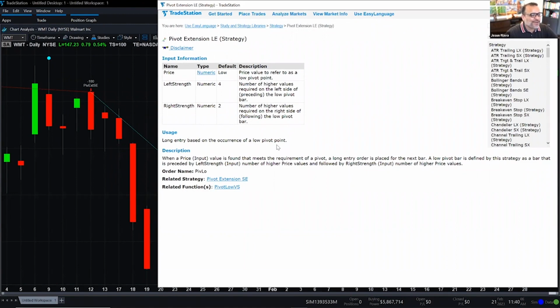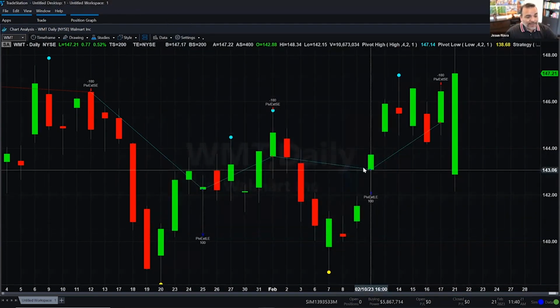Where is the entry generated exactly? For the next bar. So if you read the definition or the description, it doesn't really give you the details as to why my entry is right here.